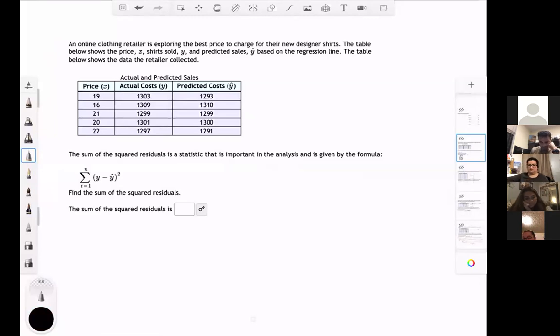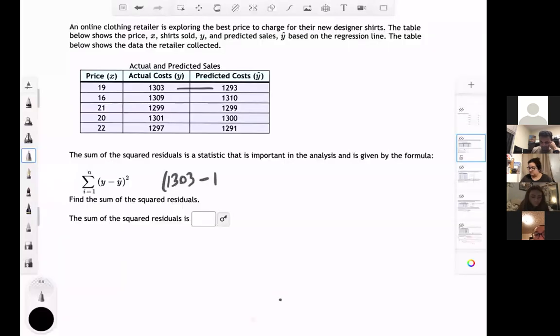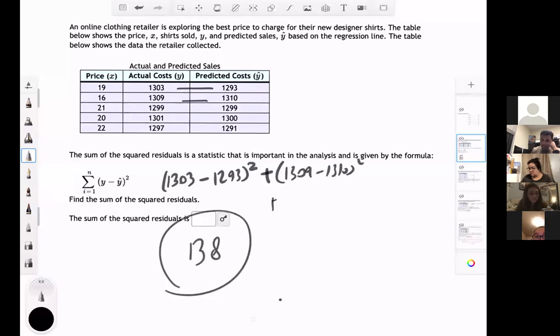We have x. 1,303 minus 1,293 squared plus the second one, correct? If you add them up, you should get 138. That's what you got? Yes, Professor. Adriana. All right. Thank you.